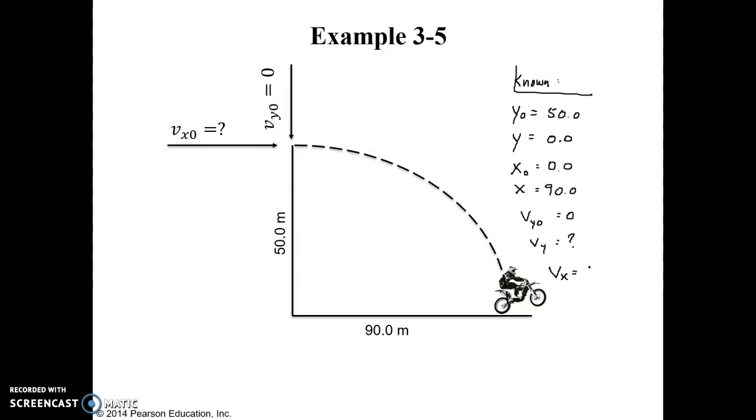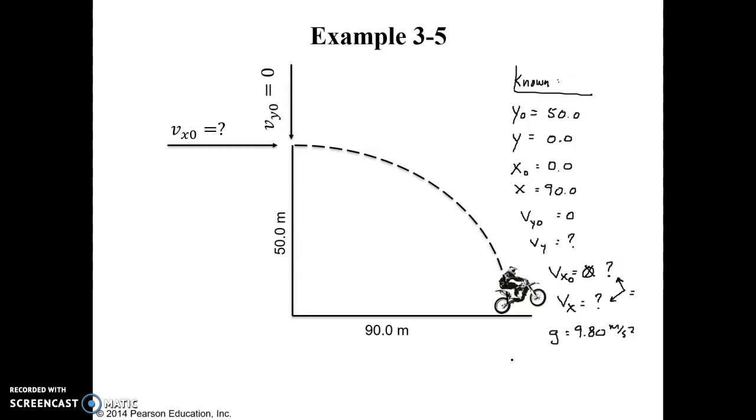What is the initial x velocity going to be? No, it's not 0. It's unknown. We don't know that. Oh, that's where I meant to put the 0. Initial x velocity, unknown. Final x velocity, again, is unknown, but we do know that these two things are going to be equal to each other because it doesn't change. And we know that g, gravity, is 9.80 meters per second squared.